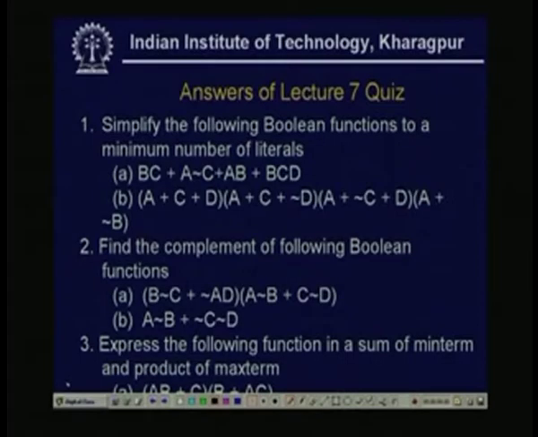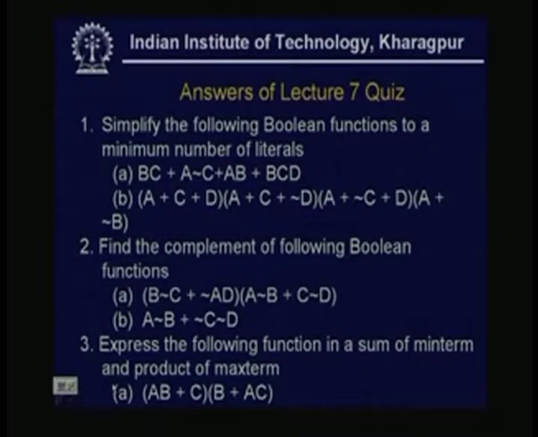So, we see question number 2a, which is BC bar plus A bar D.